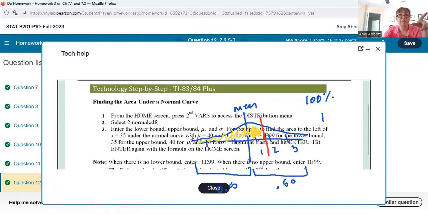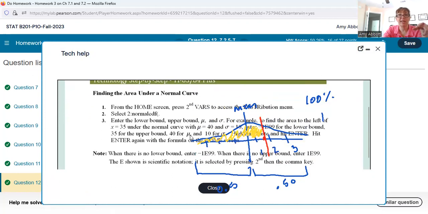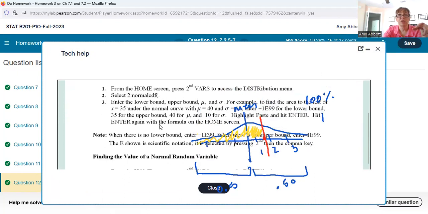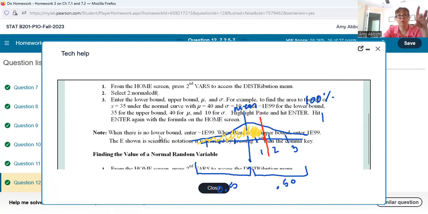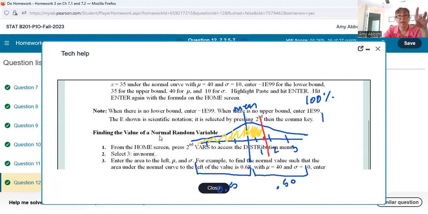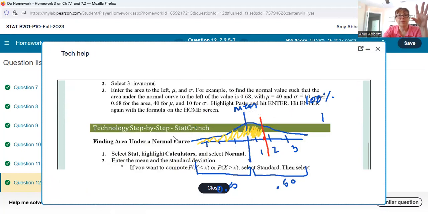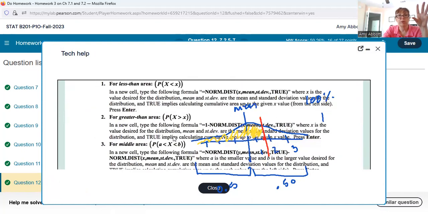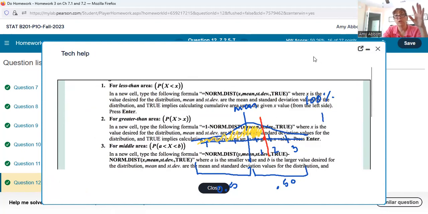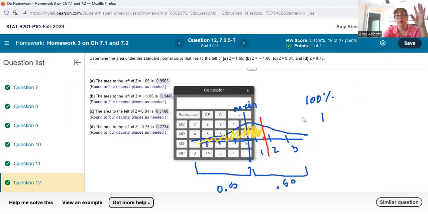But if you hit tech help, it tells you how to use the TI-83/84, and it has written out what to do, including doing that number -1 E to the 99. And when there's no upper bound, anyway, it walks you through what I'm about to show you with words, but I'll show you how to do it with the calculator. All right, let me unshare that. And I'm going to share the calculator again.